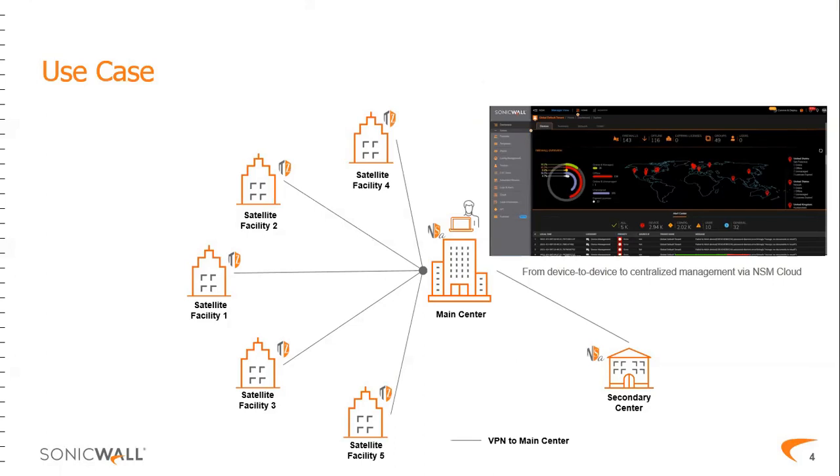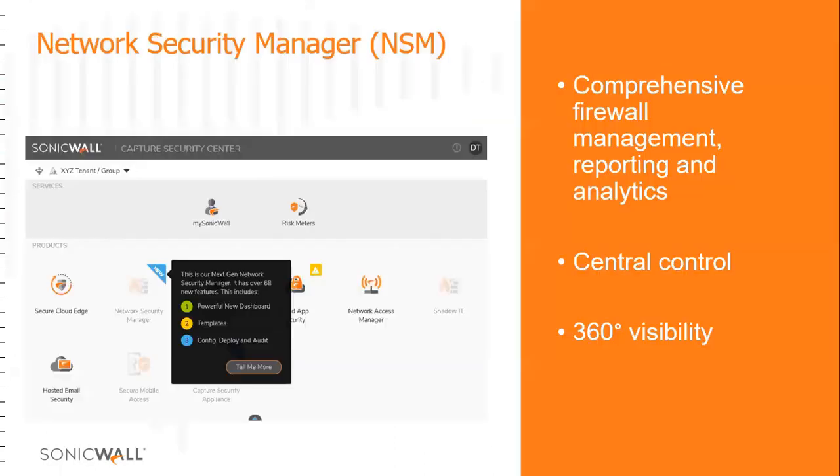You will see all your firewalls inside here, and it is easier for you to manage. NSM is a comprehensive firewall management solution and also has reporting and analytics functions. It provides you central control on all your firewalls and also 360 visibility. So you can see all your firewalls in just a single pane of glass.